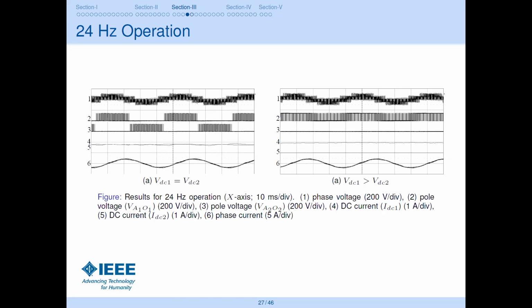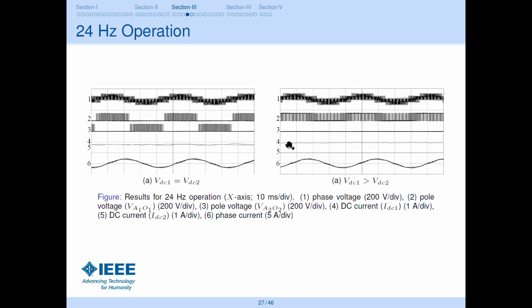And if your speed or your modulation index is lower than half, you can shift your modulating wave in the upper carrier band. That means you can see in here now all the pole voltages are being generated by inverter 1, but the effective phase voltage remains the same, which is a two-level inverter topology, right?